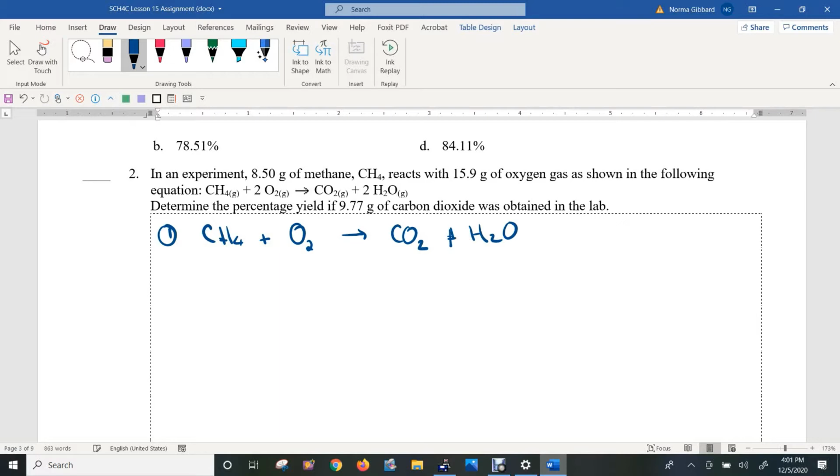Now, from there, we want to write down the balanced equation: CH4 plus 2O2 produces CO2 plus 2H2O. Now, we should make sure we keep our gas, so we'll put our G's here.